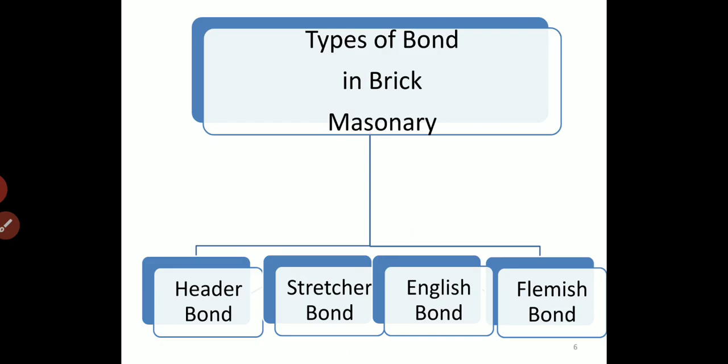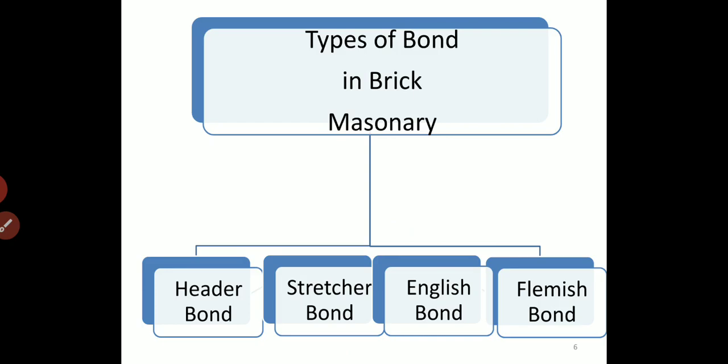Held together in a single unit, this is called masonry. There are four types of bond: the first is header bond, second is stretcher bond, third is English bond, and fourth is Flemish bond.